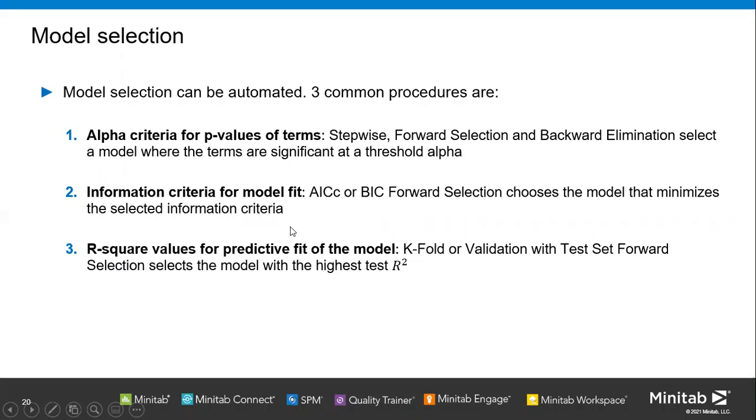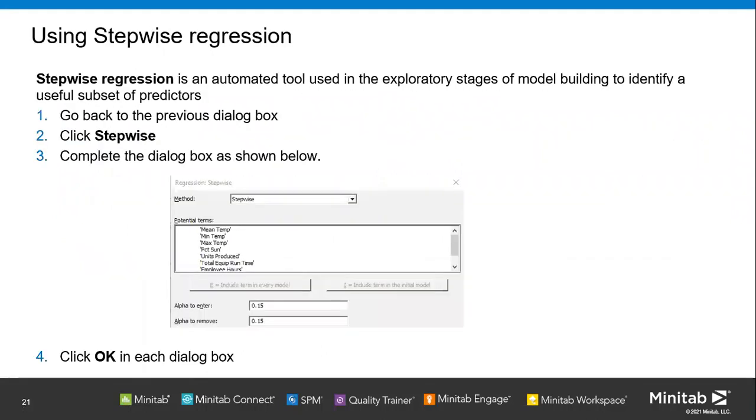So we have three common procedures to automate the selection of your models or equations. For today, I focus on only one, which we call stepwise regression. Stepwise regression means you start with zero predictors, and then you add and remove terms up to the alpha to enter or the alpha to remove.